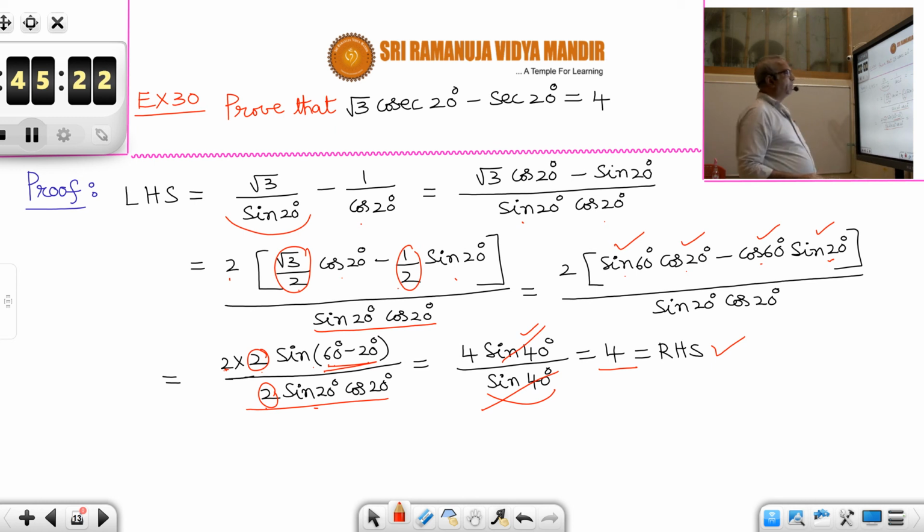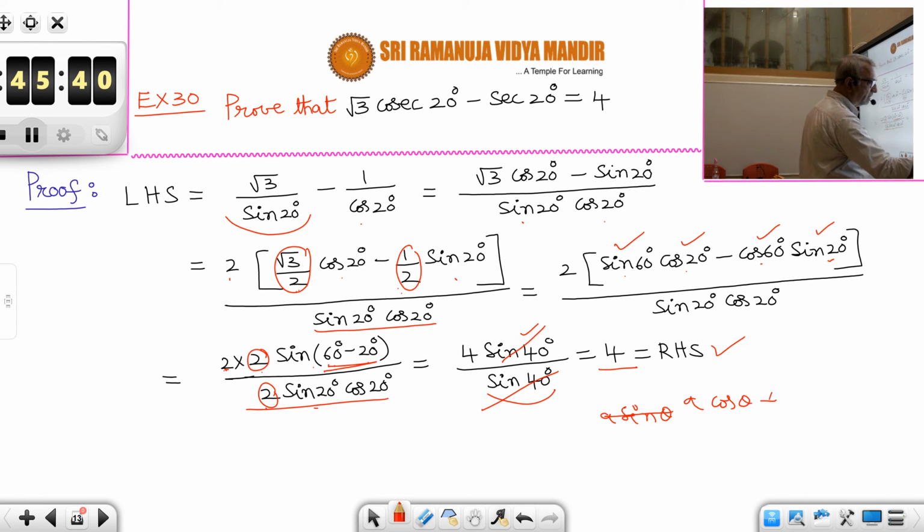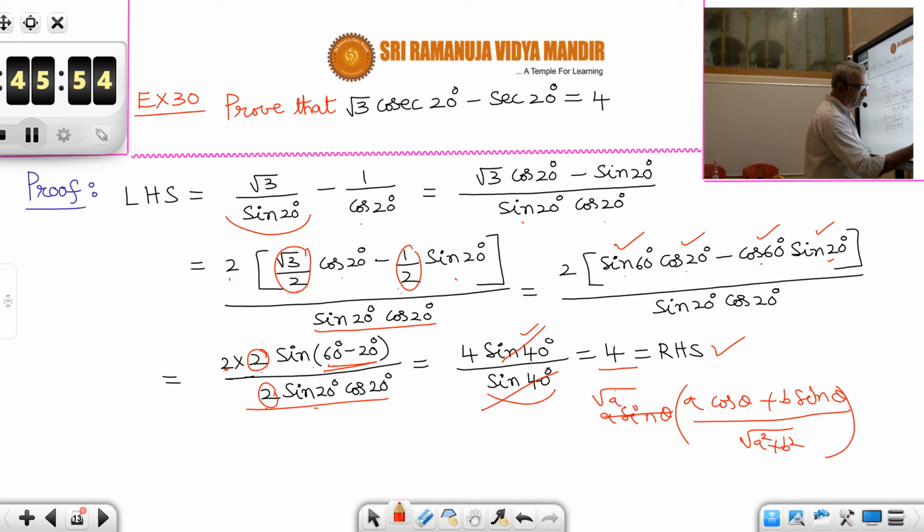So the important point here is why I have divided by 2. For that I am again explaining: a sin theta plus b cos theta, or a cos theta plus b sin theta, whatever it is. Suppose this expression is there, a cos theta plus b sin theta, you have to divide by root of a square plus b square, and also multiply by root of a square plus b square outside.